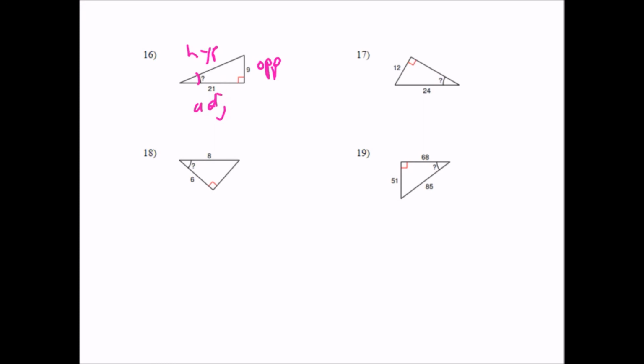So we are labeled opposite and adjacent, so this would be tangent. So tangent of, let's call it x, is equal to 9 over 21. So x would be the inverse tangent of 9 divided by 21, whatever that turns out to be.